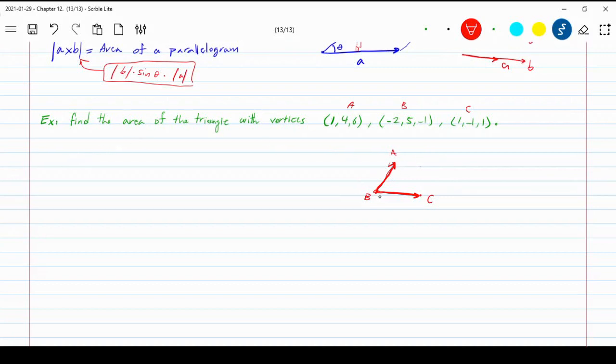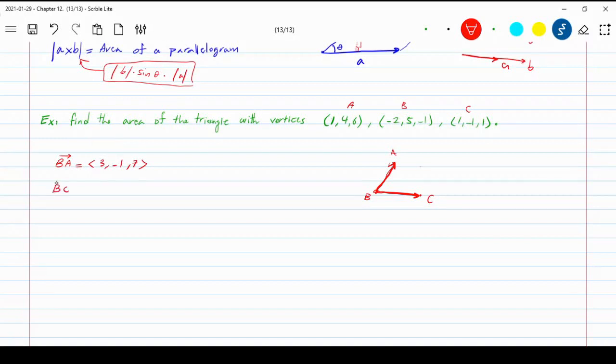So the vector BA is the difference between the two endpoints, A minus B. A minus B would be 1 minus minus 2, so it would be 3. 4 minus 5 would be negative 1, and 6 minus minus 1 would be 7. You do A minus B in terms of points, and it gives us a vector. This is what you get as a vector.